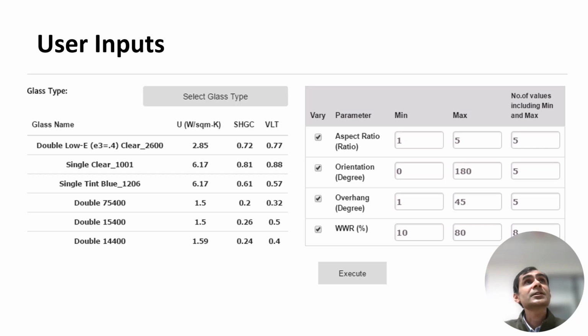There are more variables, like wall insulation, roof insulation, whether we have daylight controls switched on or off, whether we have a cool roof, and each parameter can have different values. For example, aspect ratio can vary from minimum 1 to maximum 5, and we can divide it in granularity, like 1, 2, 3, 4, and 5. These 5 values we can have.